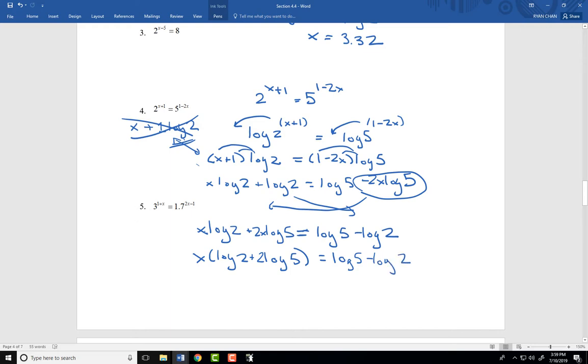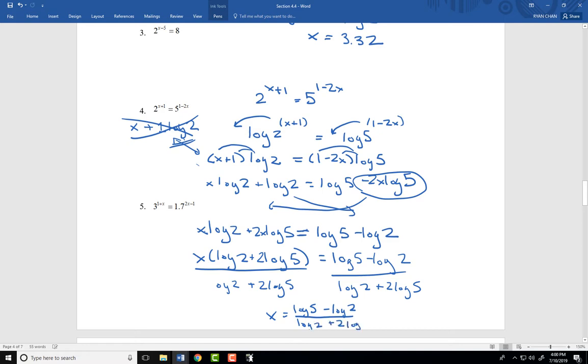And then you're going to divide this whole thing by the stuff in front. So it's going to look like this, log of 2. You have x is equal to log of 5 minus log of 2 divided by log of 2 plus 2 log of 5. Okay? This is your exact solution.